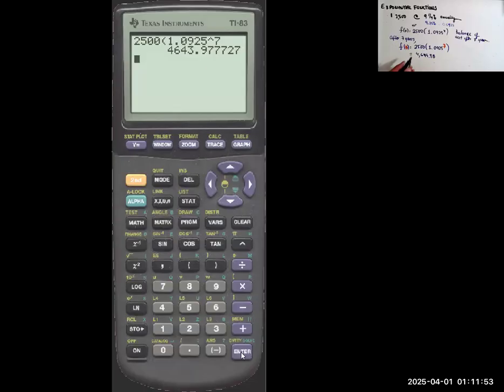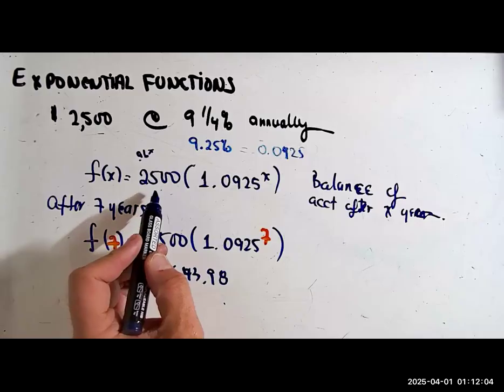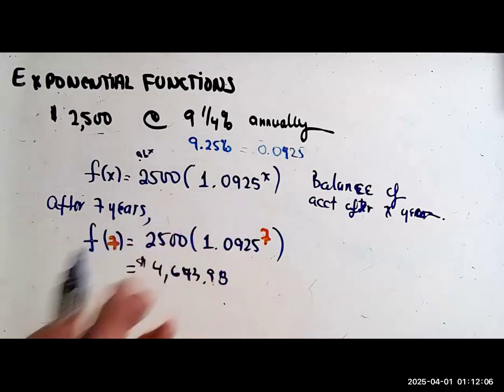That would be the balance of the account after 7 years if we deposit $2,500 at 9.25% every year.